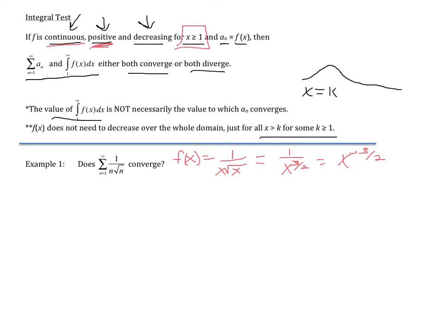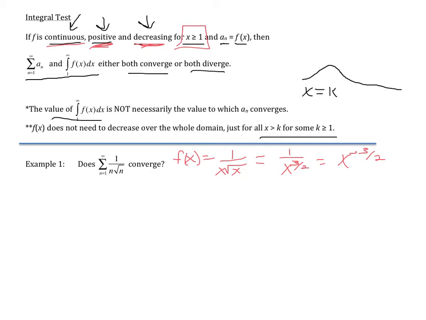If x is positive, then the y values will in fact be positive. And is it decreasing? Yes, of course, it is decreasing because our variable is in the denominator, and as x goes to infinity, the whole fraction will get smaller and smaller, and in fact it will approach 0. So it meets our 3 criteria, so the integral test will apply.